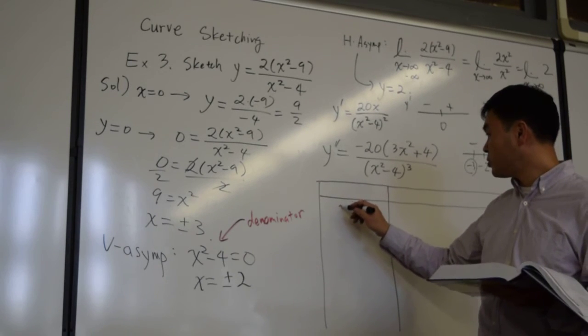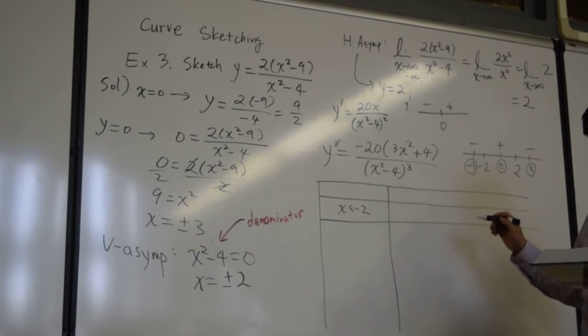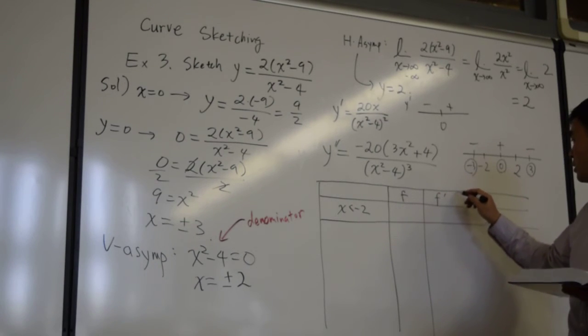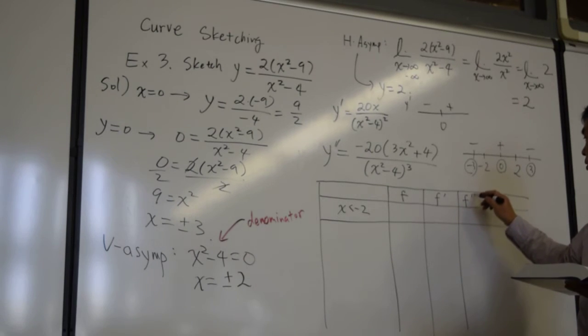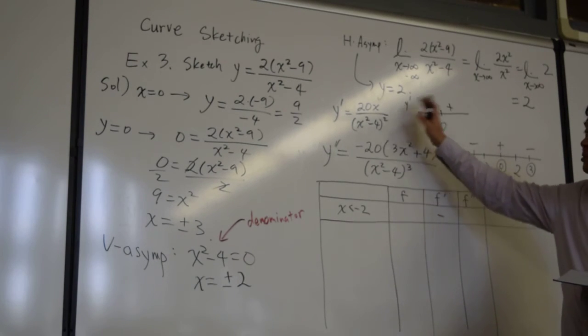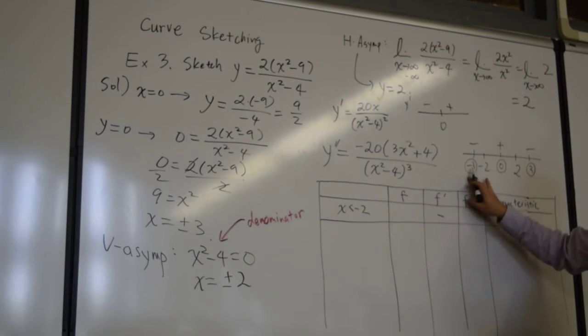Okay, before negative 2, f prime is negative because it's on the negative side. f double prime before negative 2, what is it?